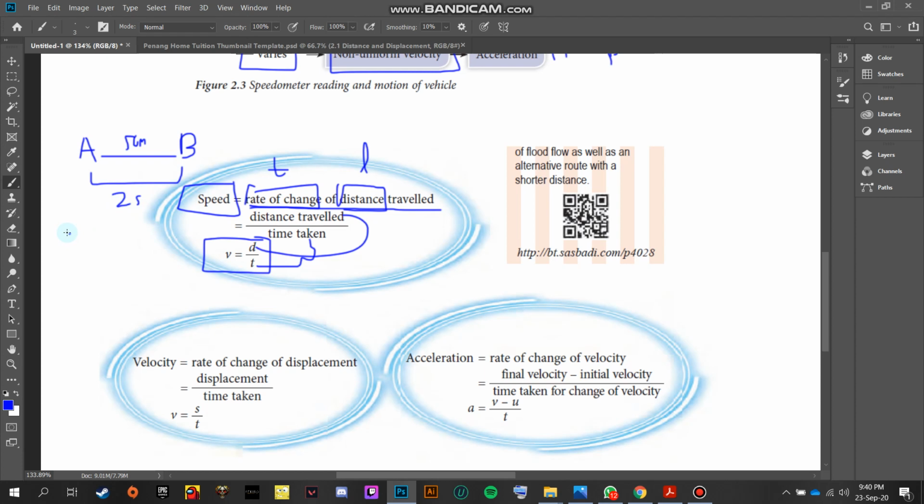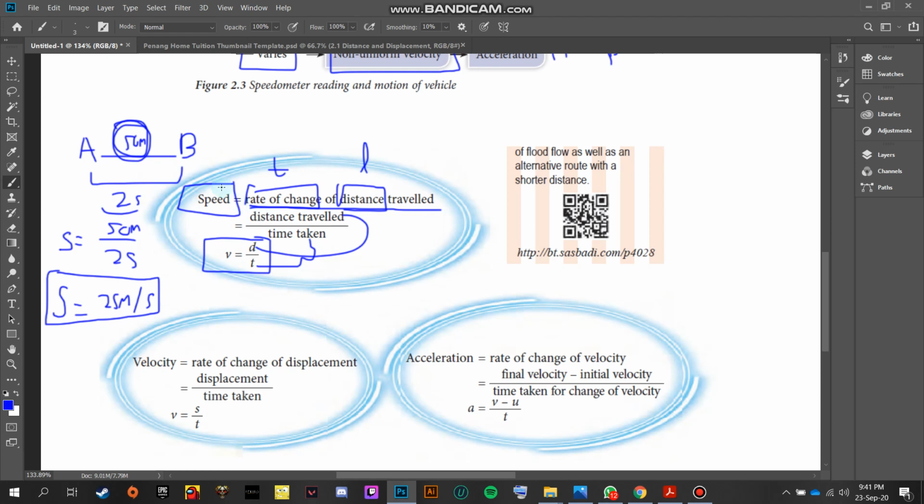We could calculate the speed by putting in the distance, 50 meter, over the time, 2 seconds, and we would have 50 divided by 2, 25 meter per second. Sorry, that would be the speed. That is one of the examples that we can use if we want to calculate speed.